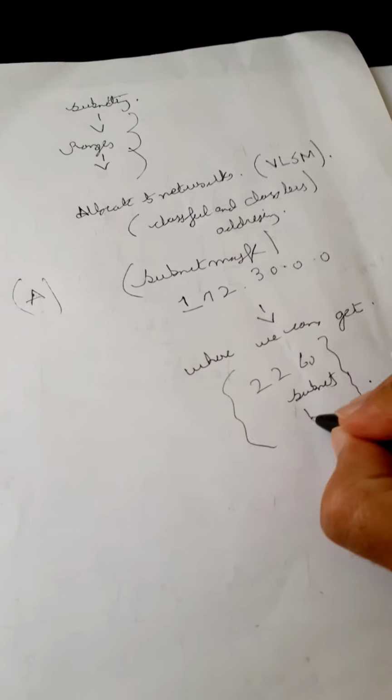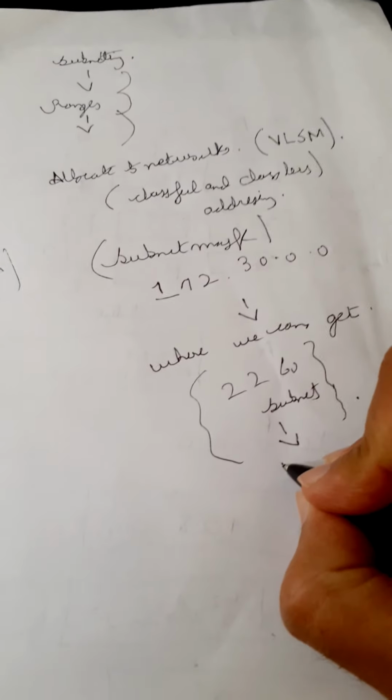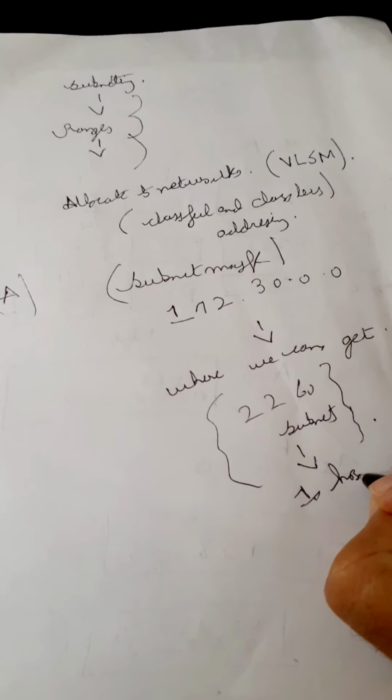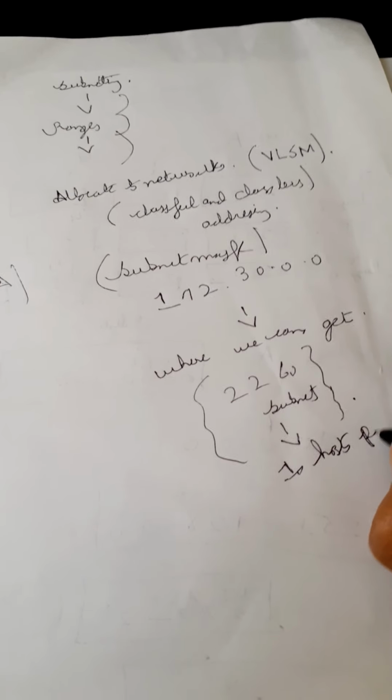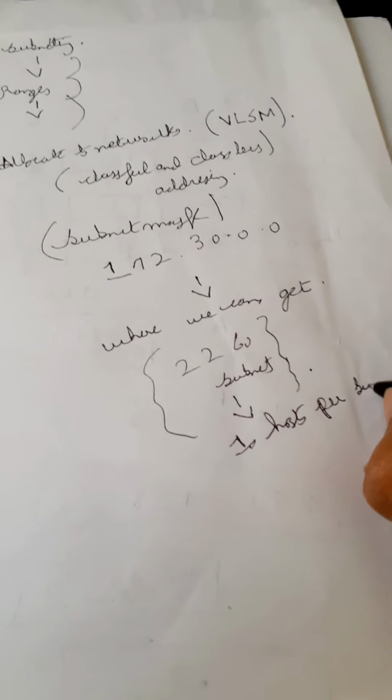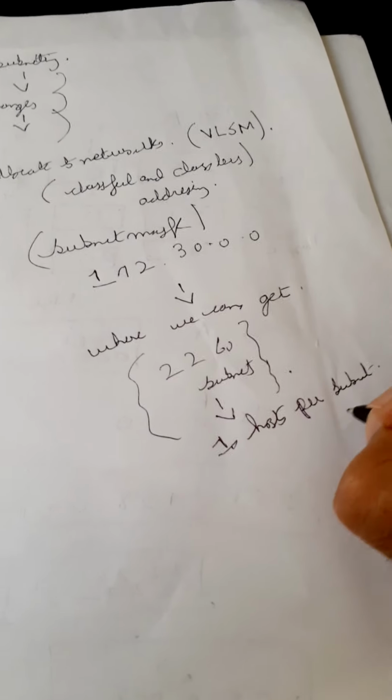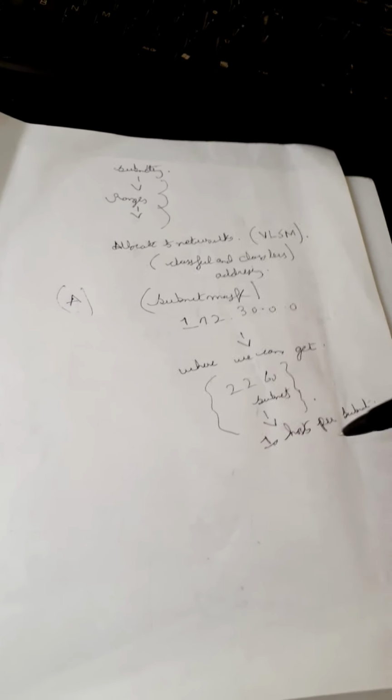What we need to achieve is 2,260 subnets, and furthermore we need 10 hosts per subnet. Do not panic. We'll be all right. Once you start doing practice, you will know what you're doing.